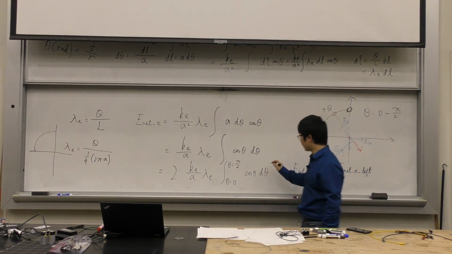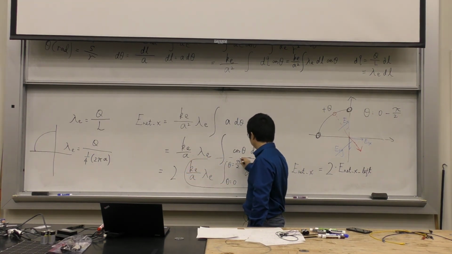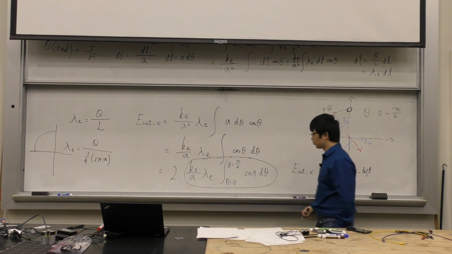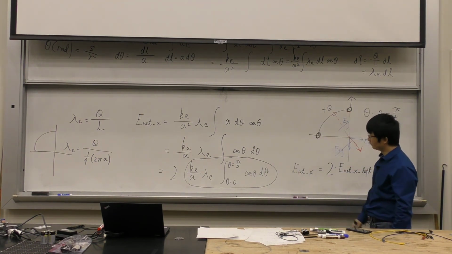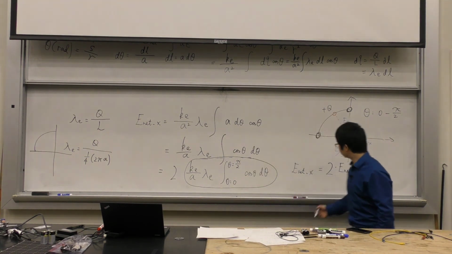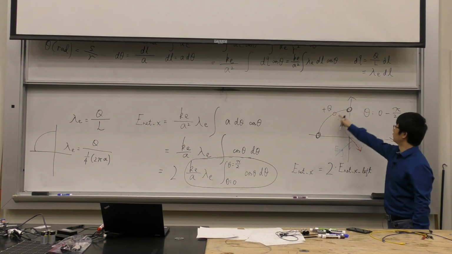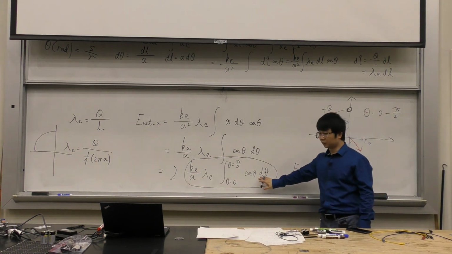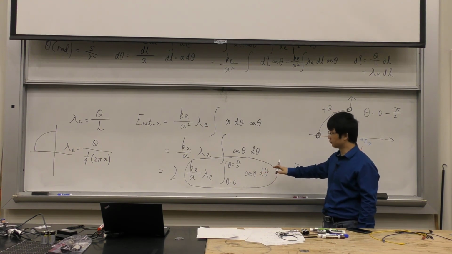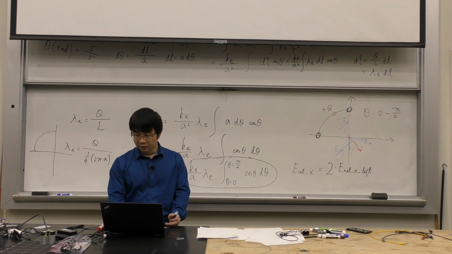This is only the x component of the electric field created by this left half, or the right half, doesn't matter. And then you double it, and you get the x component of the net electric field from this whole semicircle. So I'm going to stop here and leave the rest for you to finish. Okay, so this is this question.